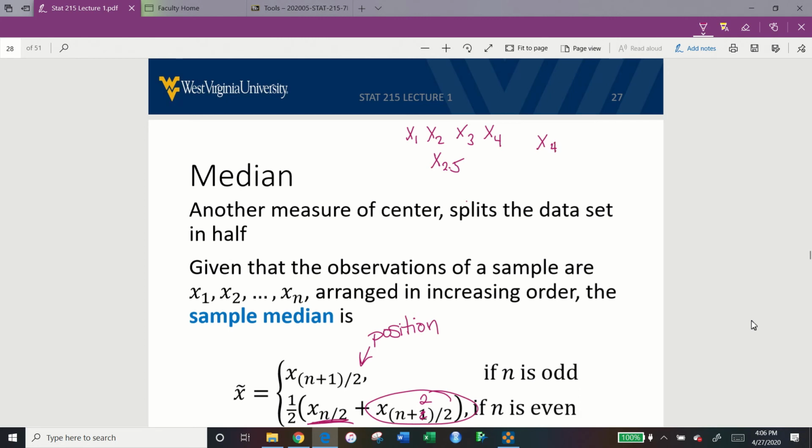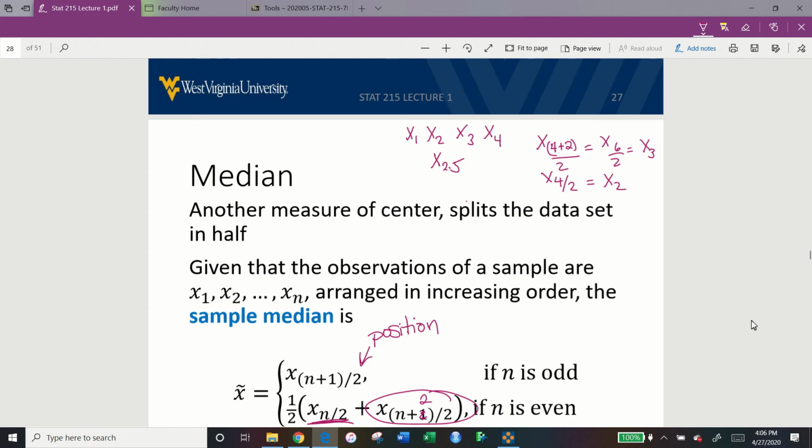So that will be 4 plus 2 divided by 2. So that will give us x sub 6 over 2, which equals 3. X n over 2 would be 4 over 2, which gives us x sub 2. Add them together, divide by half. Yes, I think we got it.